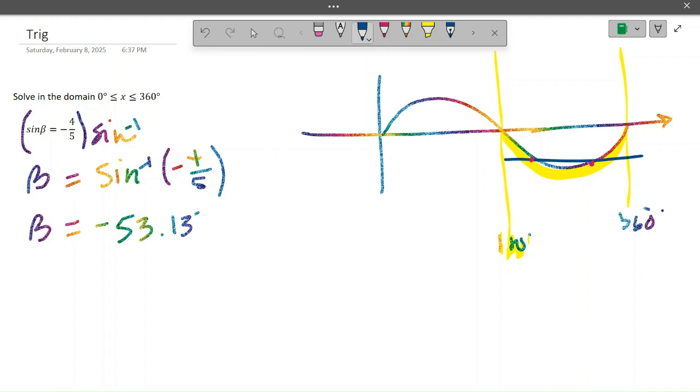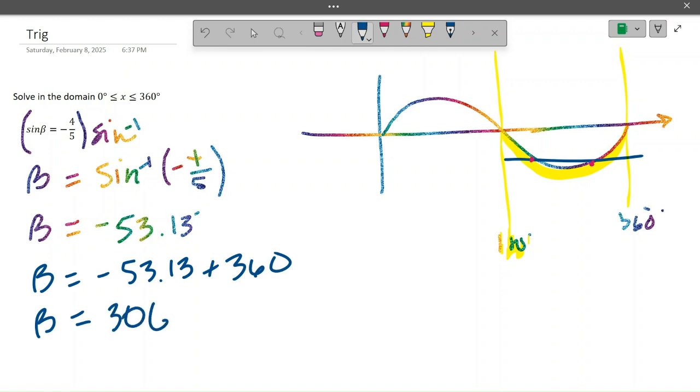So the first thing I'm going to do is I'm going to add 360 degrees to this value, because we know that this value will repeat exactly in 360 degrees. When I do that, I get 306.87 degrees.